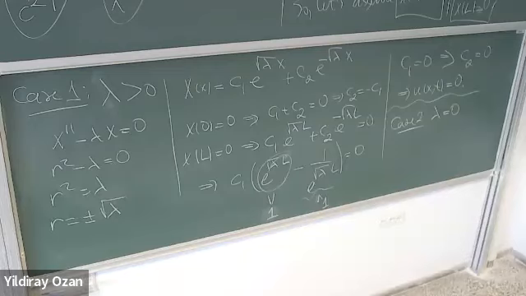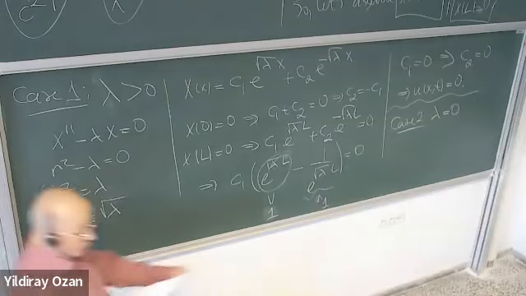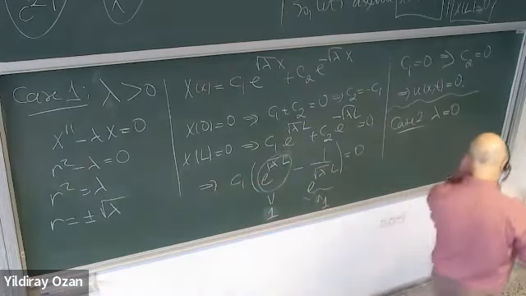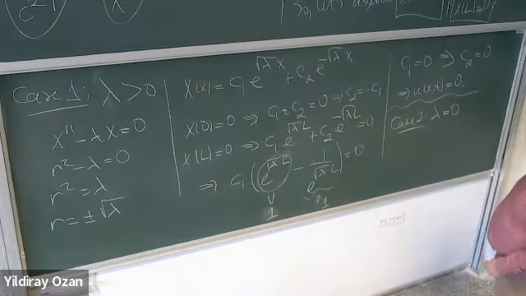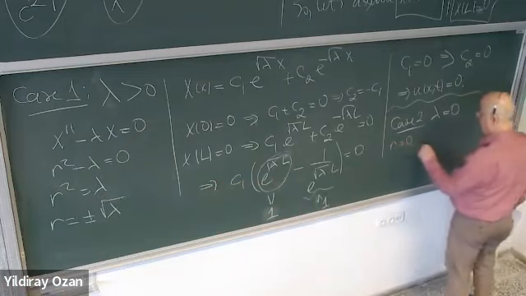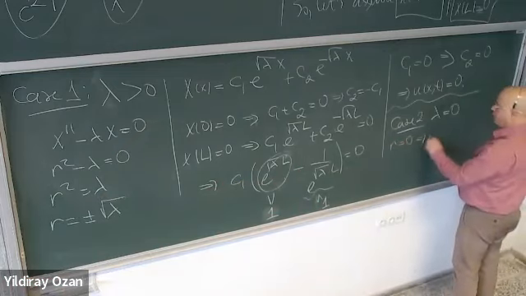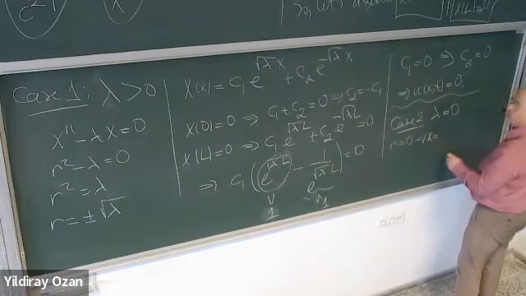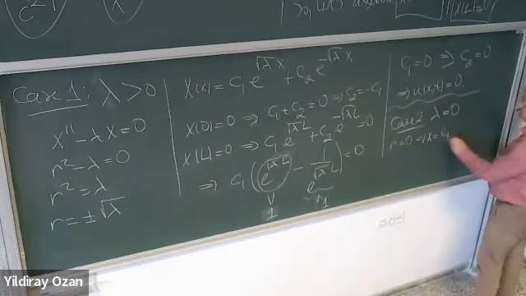Case 2, lambda equals 0. Well, if lambda is 0, then of course r is just 0. Therefore, X of x is just c1 times 1.